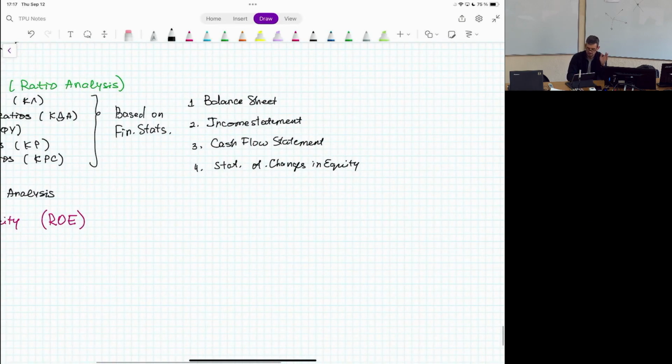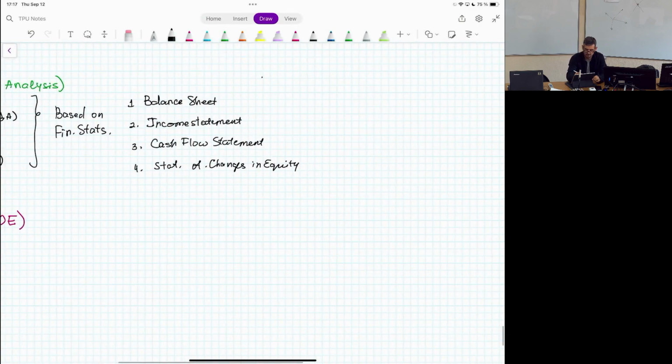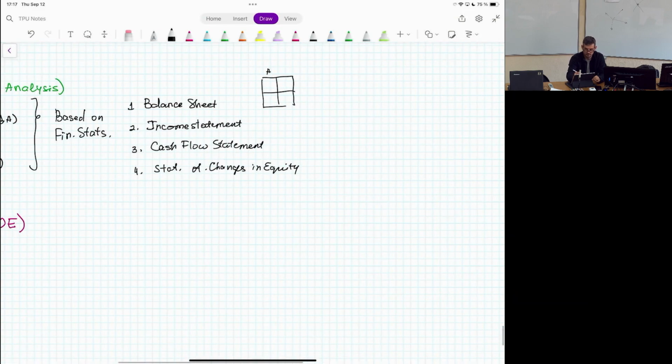I usually, when I think about it, picture in my head the following picture. So balance sheet looks like this. So this is the balance sheet. Here we have assets, here we have equity and liabilities. Well, in fact, I can do it like this. Non-current assets, current assets, equity and liabilities. This is the balance sheet. When I think about the income statement, usually the picture is somewhat like this.